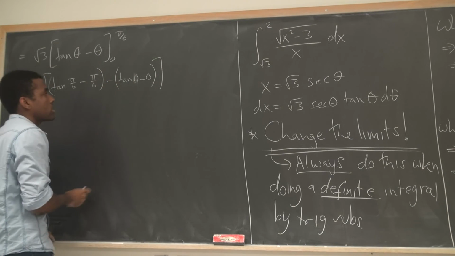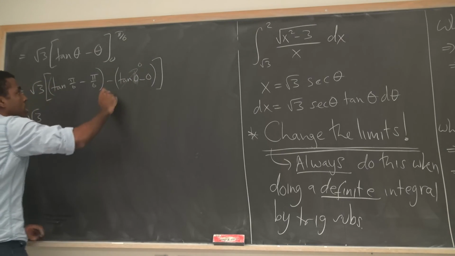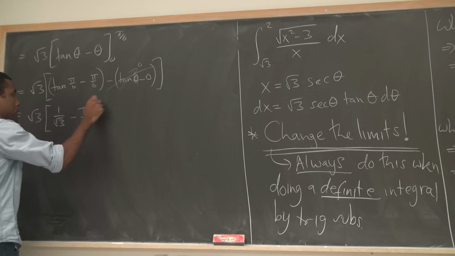Tan of 0 is 0, minus 0, so that whole part is 0. We don't have to worry about that. What's tangent of pi over 6? Right, radical 3 over 3, or 1 over radical 3, minus pi over 6.